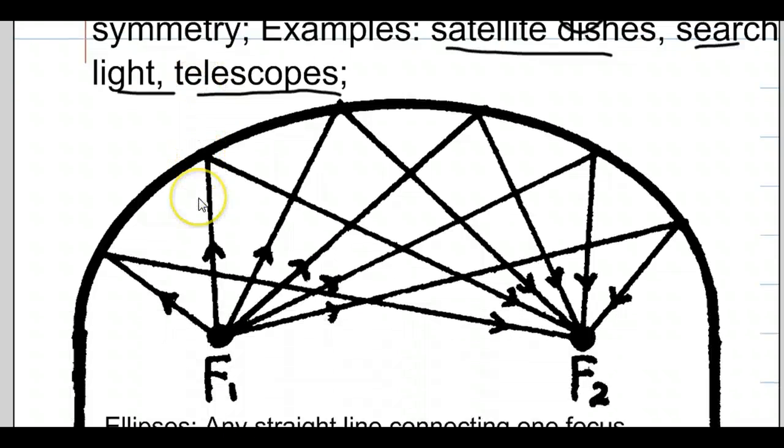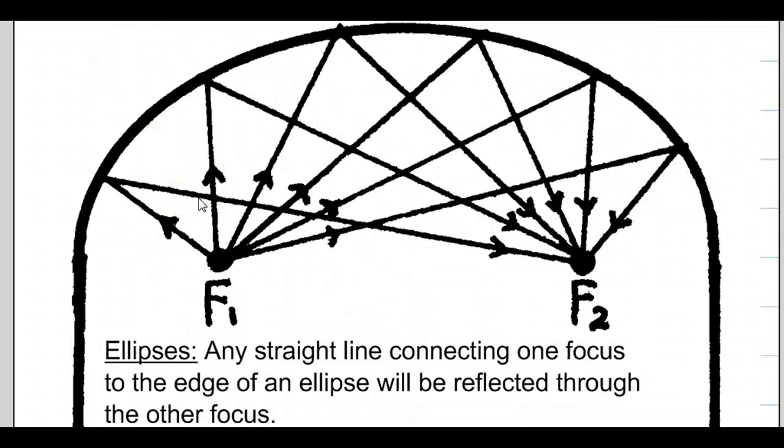The next conic we're going to talk about is ellipses. Ellipses have two foci, where a parabola only has one focus. Ellipses are really common in architecture. If you are at one focus point and you say something, and the shape of the ceiling is an ellipsoid, then that sound bounces off the ceiling and hits directly towards the other focus.